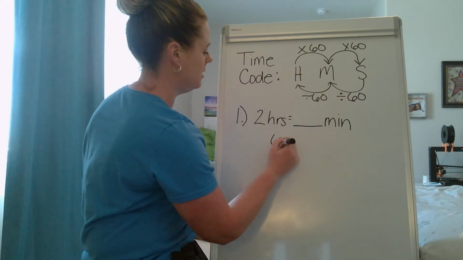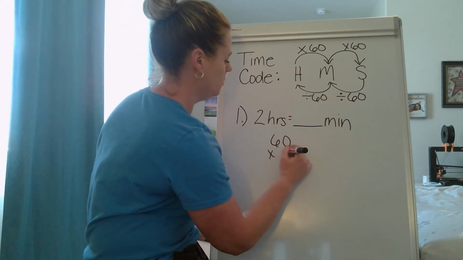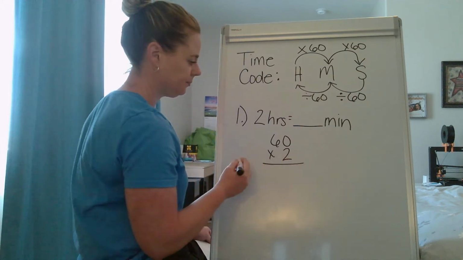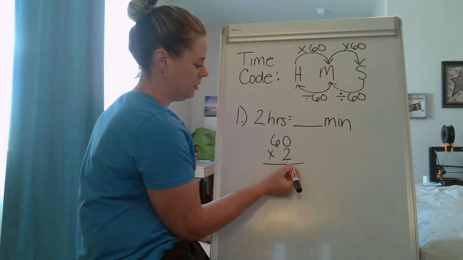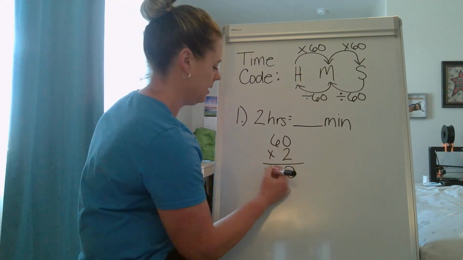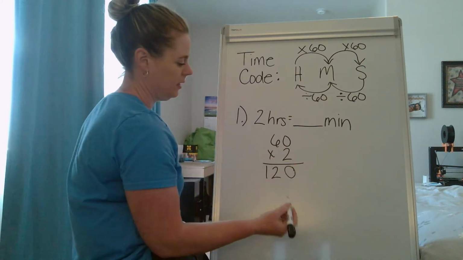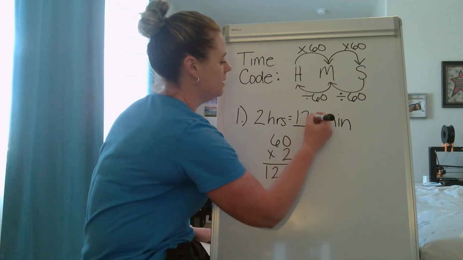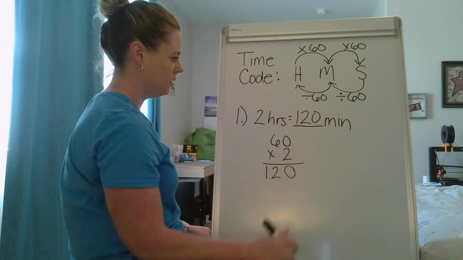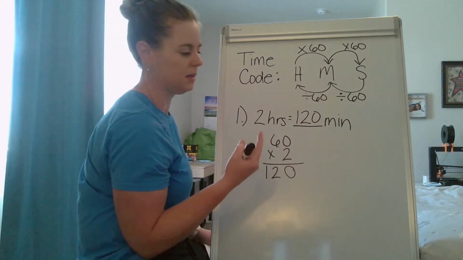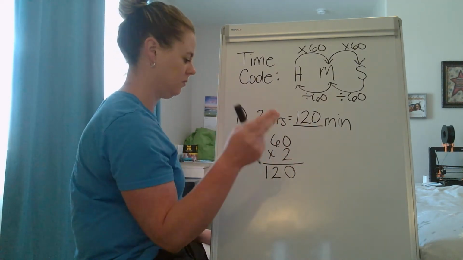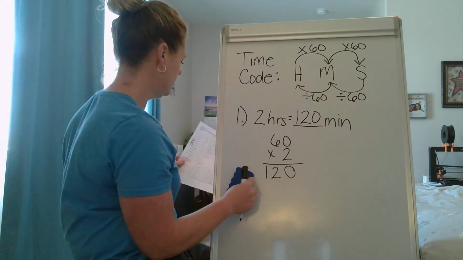So 60 times 2. 2 times 0 is 0. 2 times 6 is 12. So 120 minutes. There's 120 minutes in 2 hours. That is number 1.